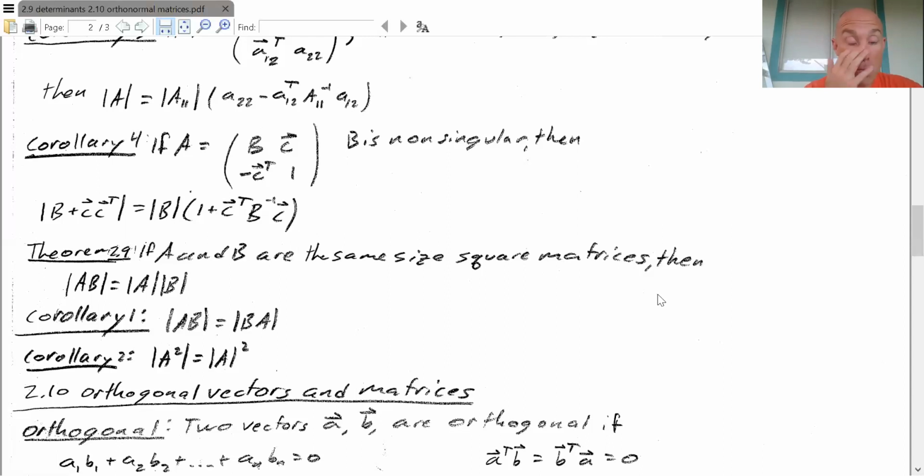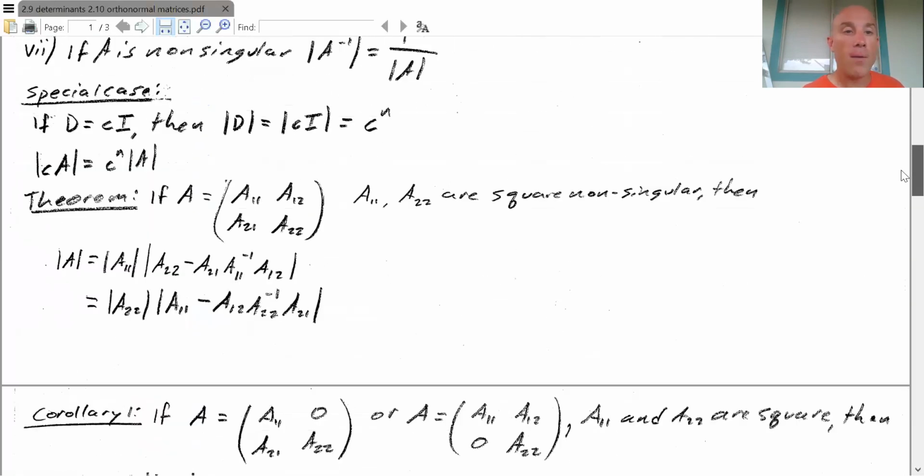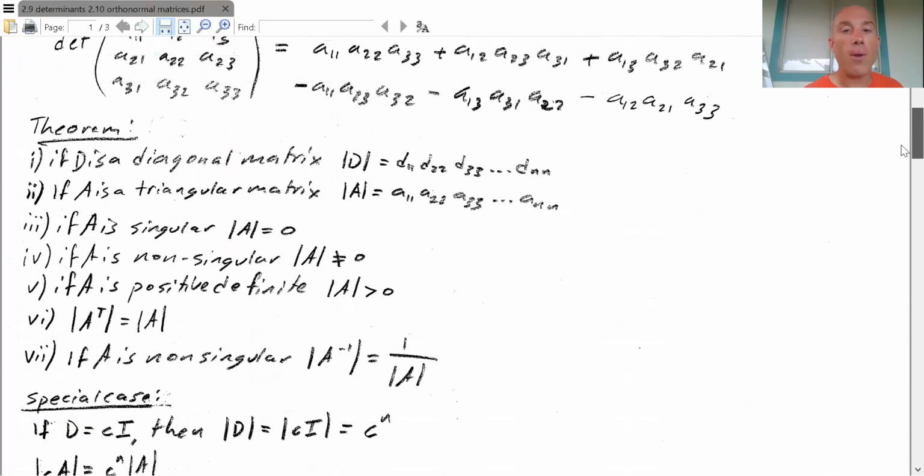All right, so these are the big theorems. The most important one to know for us is going to be the determinant of A times B is equal to the determinant of A times the determinant of B. The other thing that you absolutely must keep in your head for the rest of your life when you deal with mathematics is that if the determinant is equal to 0, it's a singular matrix, no inverse.